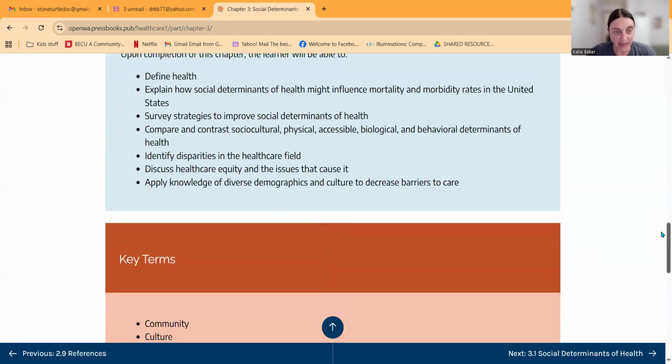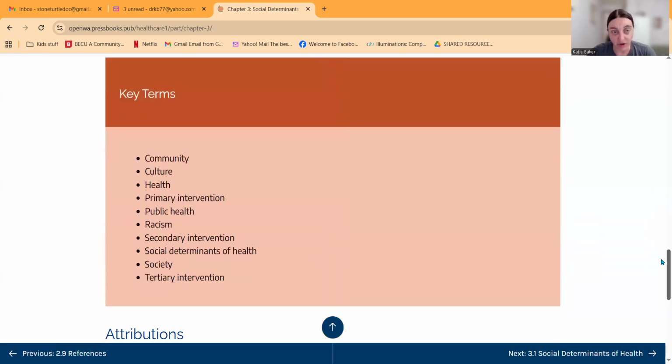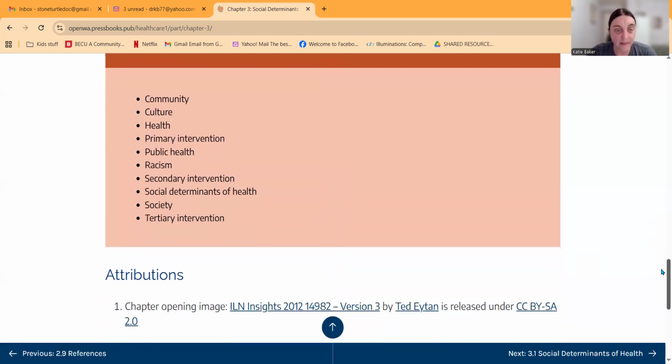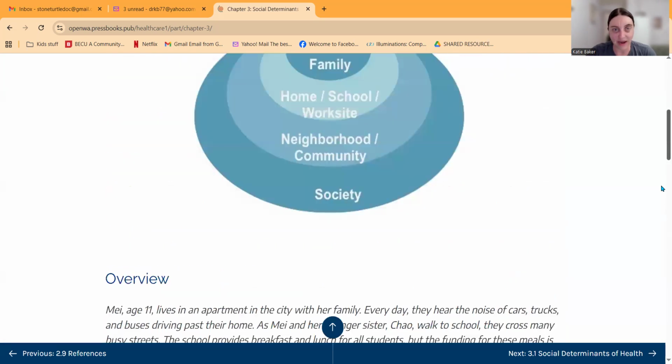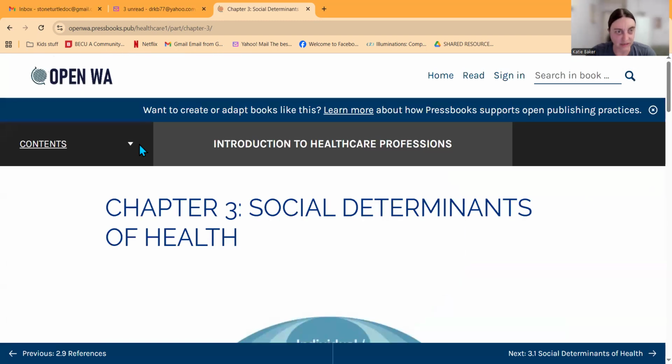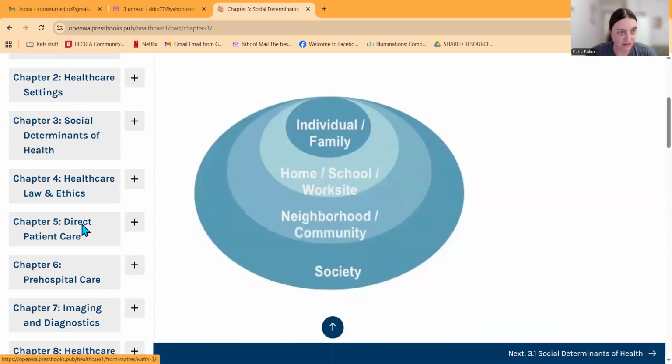Okay, when we get into the next section, key terms, this is really great for a brief quiz, creating student flashcards or other small activities that can help them learn to speak the professional language of healthcare. So let's go ahead and continue on to our next section here.